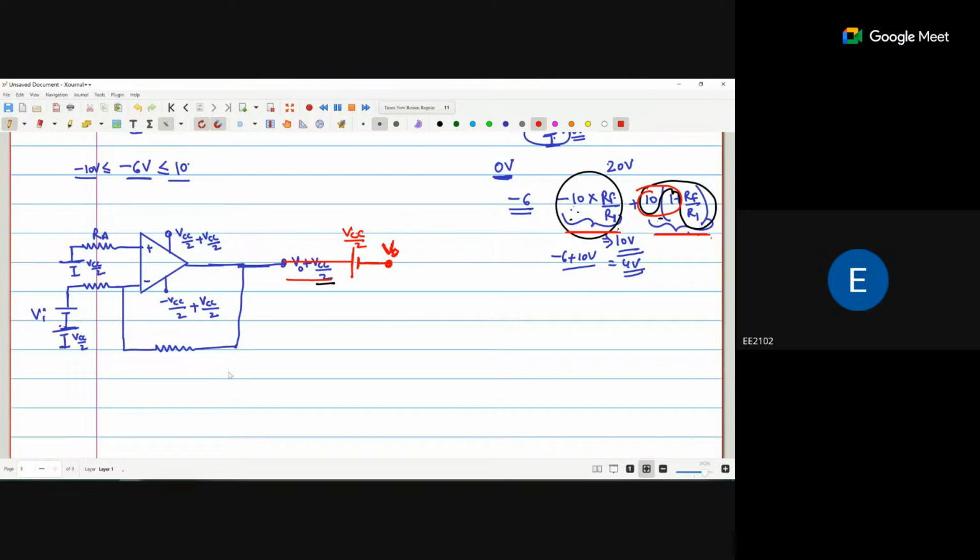Now again, the problem is the same. What is the problem here?